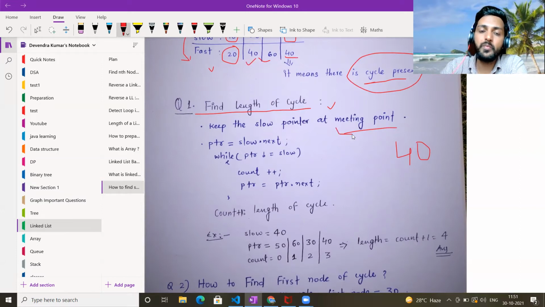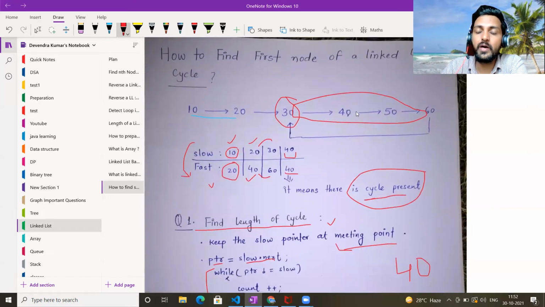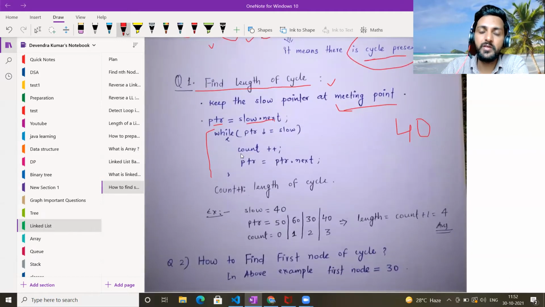Now we will take one more pointer called PTR, which will start from slow dot next, and you will keep running the loop until you reach the same node again. Let's say you are meeting at the point 40. You will start one pointer from 50 and keep moving it until you reach 40 again. It means you have traversed all the nodes of the cycle, and you need to increment the counter while moving the PTR.